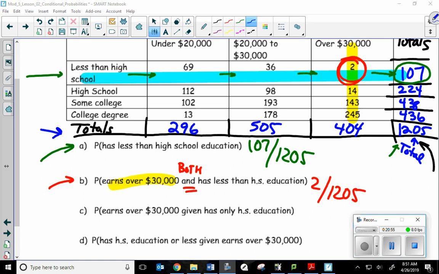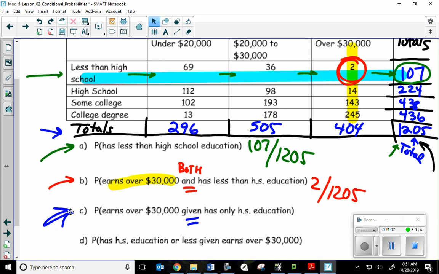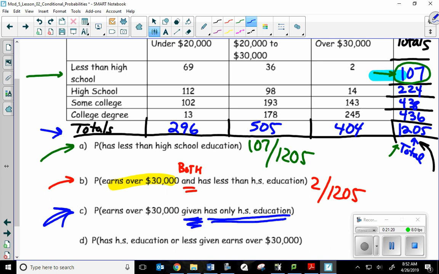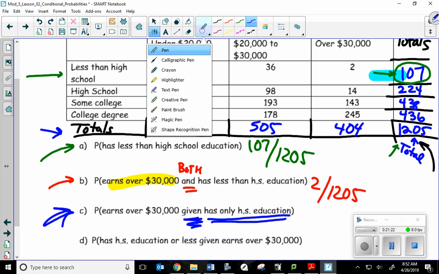C. The probability that someone earns over 30,000 given that they have only a high school education. So remember our rule with given. If we have a probability of one thing given something else, we are given high school education, that is the only thing that I can pick from.